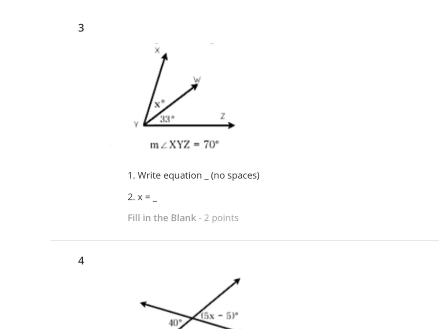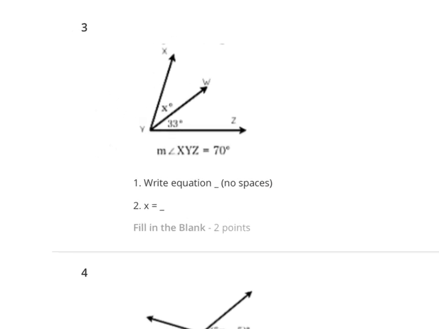All right, right here, I'm taking a look at these angles, and I don't see a 90-degree angle. They're not forming a straight line, so they're not 180, but they did give us some extra information right here. They're saying that the measure of angle XYZ equals 70. So this whole angle is going to equal 70. So that means this plus this equals 70.